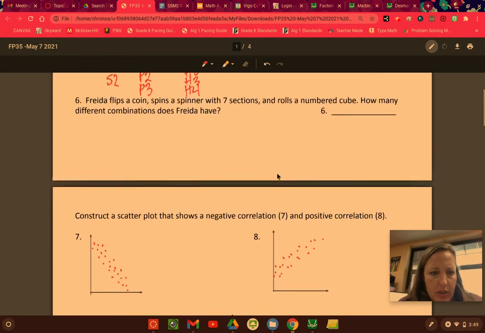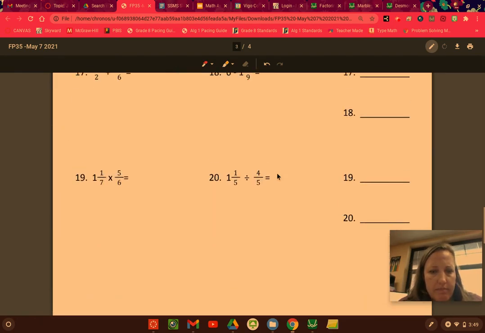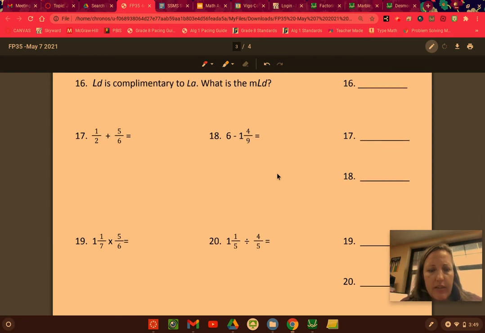Okay, that's 1, 2, 3, 4 problems. I think, just because I just want to set these up for you, I'm probably not going to finish them. But for 18, you have 6 wholes, right? And you're going to take away 1 4/9 of them.